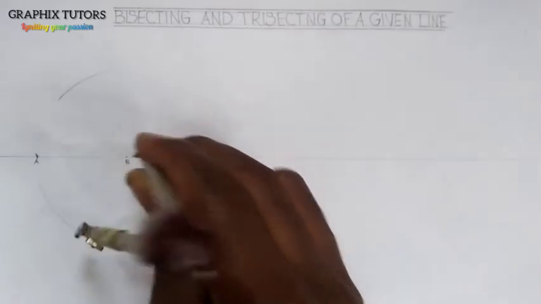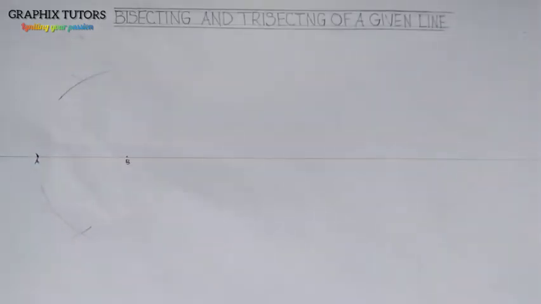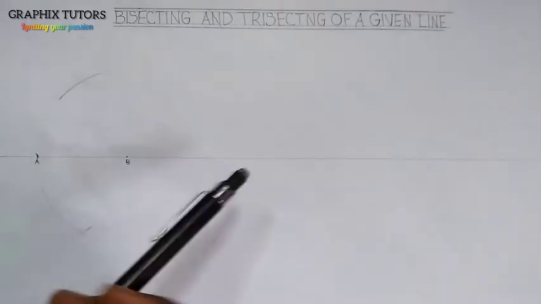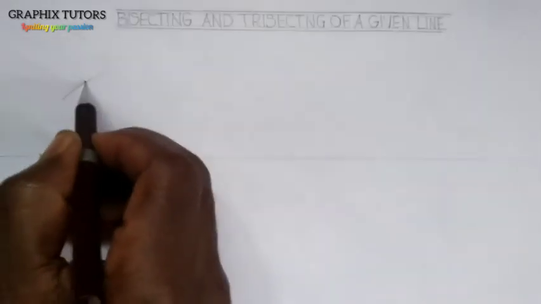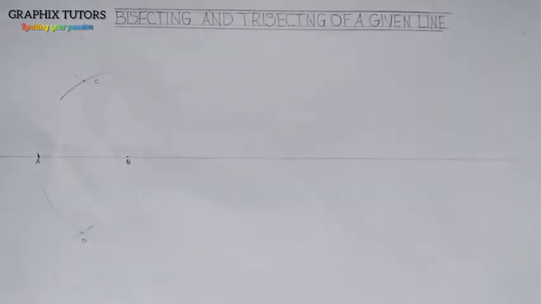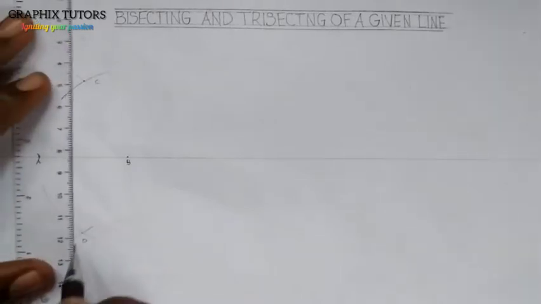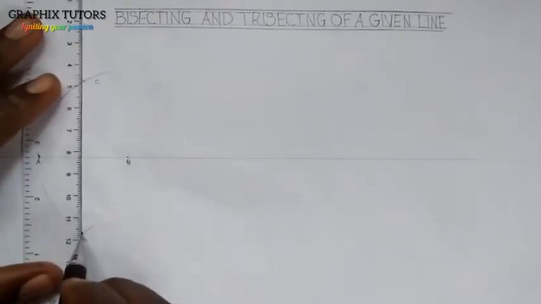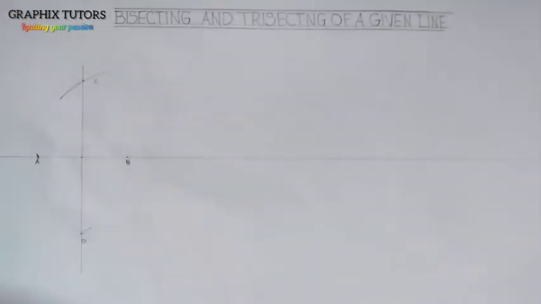Then I'll come to A, cut up and bisect down. Where these meet is point C, and where these meet is point D. So I'll use my rule and join both of them together with a faint line.